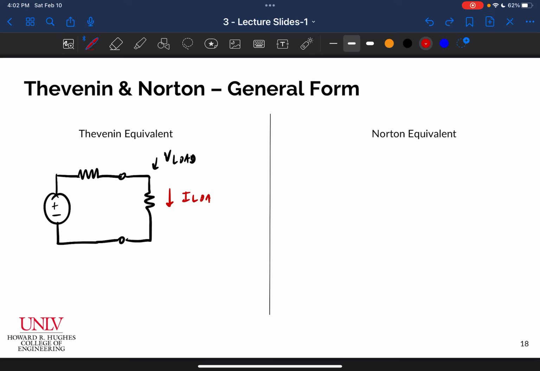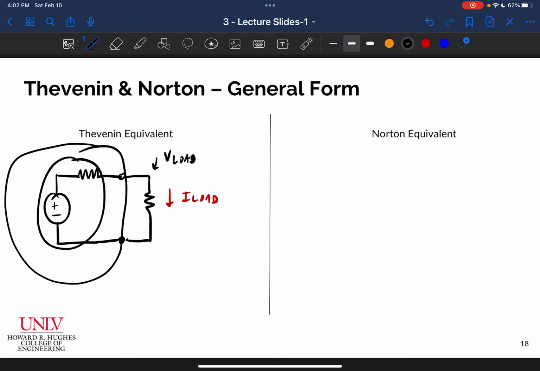All right? And so what I'm saying here is I could have some crazy complicated circuit, looking into the load basically, and I can replace all that circuitry with an equivalent voltage source in series with a resistor that would give me the same V load and the same I load as the original circuit.